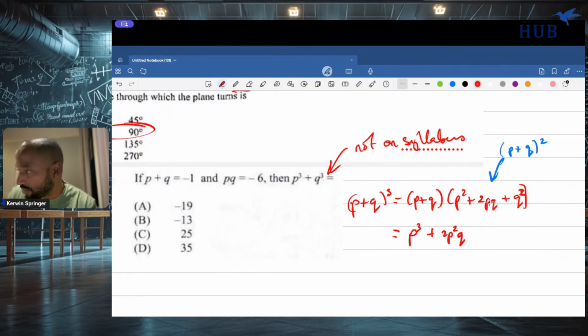And then you'll have Q by everything, so plus Q P squared plus 2P Q squared plus Q cubed.